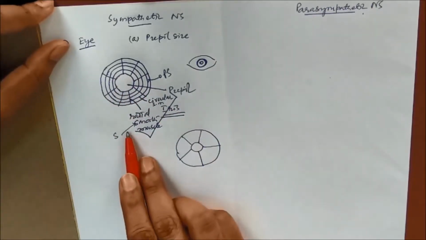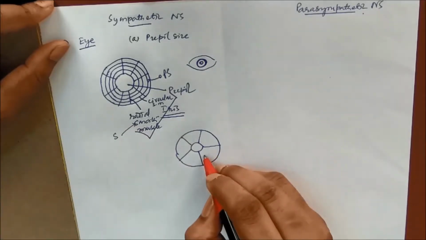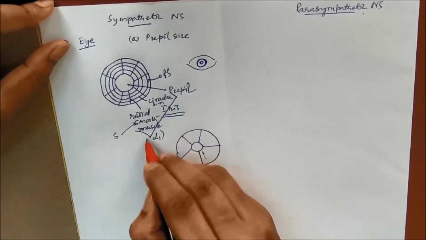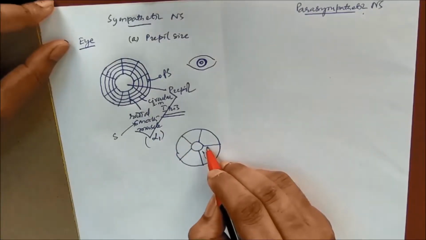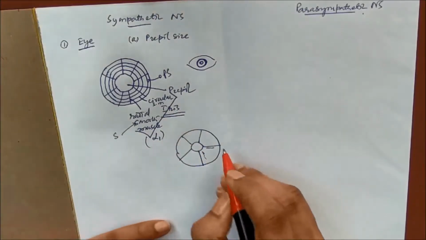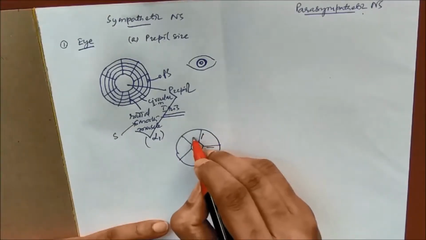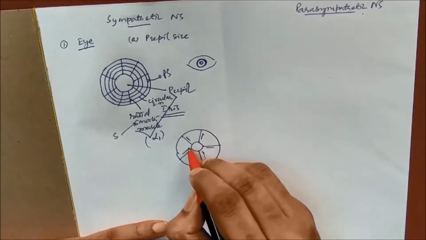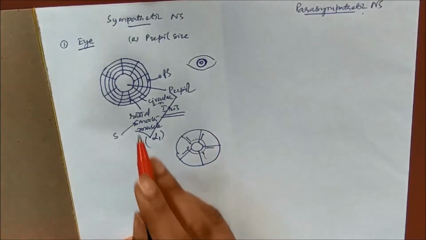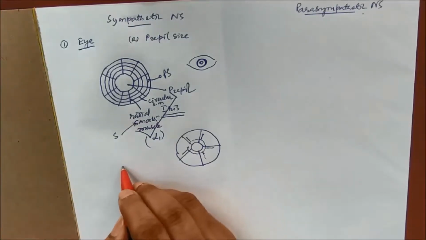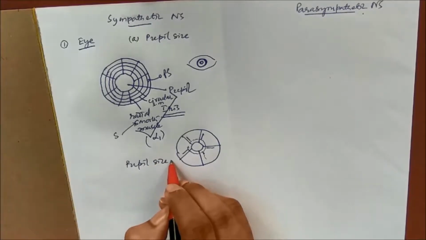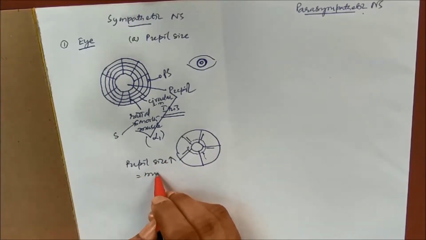There are alpha 1 receptors on the smooth muscles, and this contraction will occur like this. Because of this contraction the pupil size will increase, and this condition is called mydriasis.